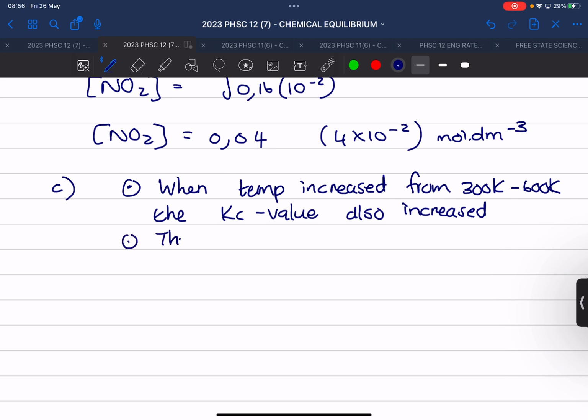Thus, the forward reaction is favored. Make sure you understand what you're writing down. You agree with that statement. Ask if you don't agree or don't understand.